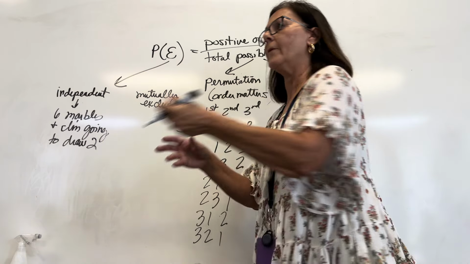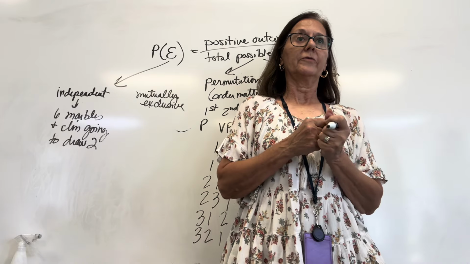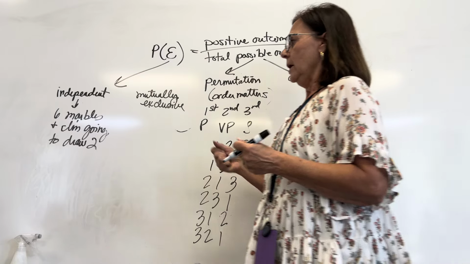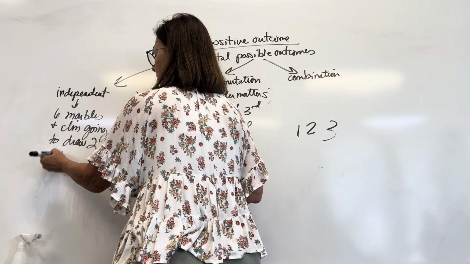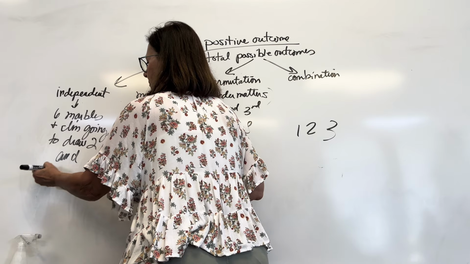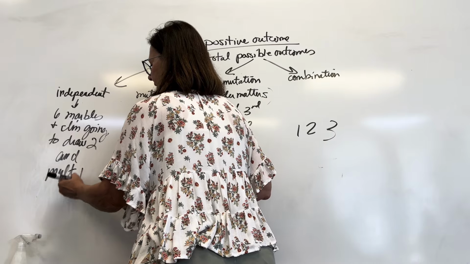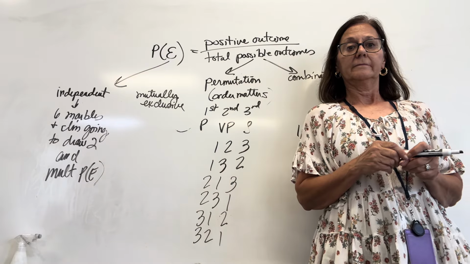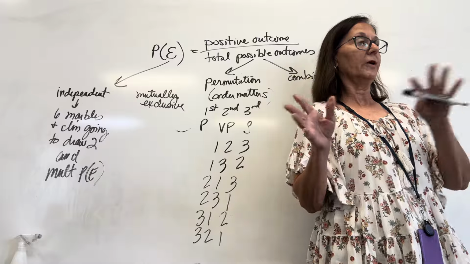I'm going to draw a marble and I'm going to draw another marble. Those are independent events. Typically with independent events, you hear the word and, and you're multiplying the probabilities of each event. All right, we're going to finish the examples.